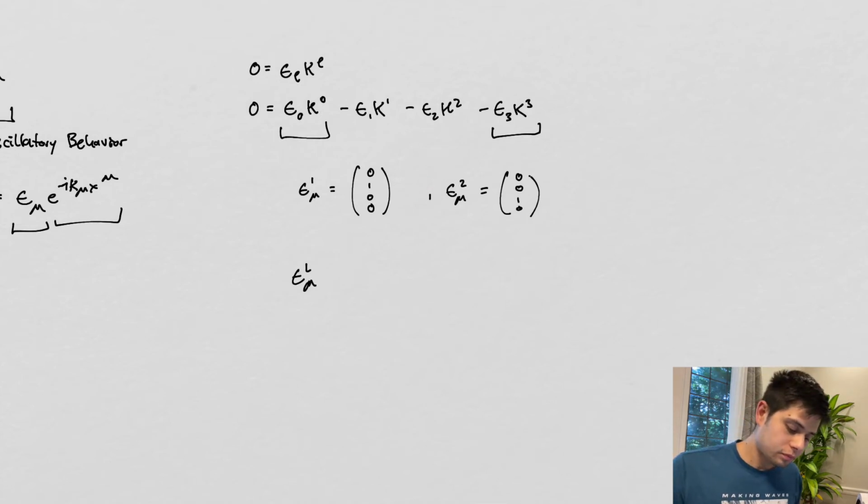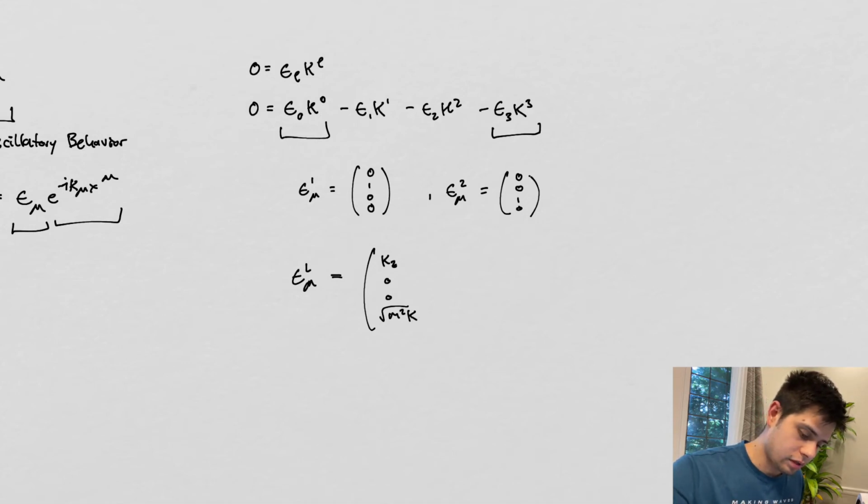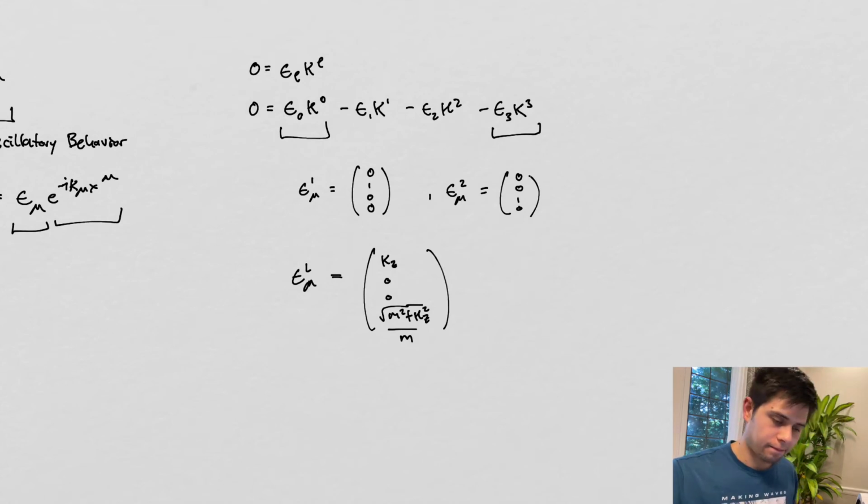They're polarization vectors, and this is going to be kz, 0, 0, square root of m squared plus kz squared, all over m, where E L mu E L mu equals -1.